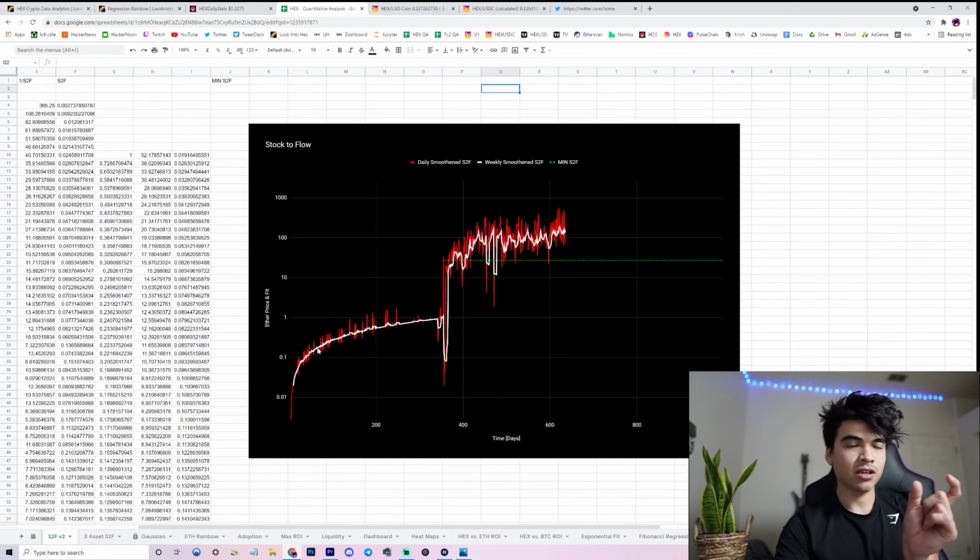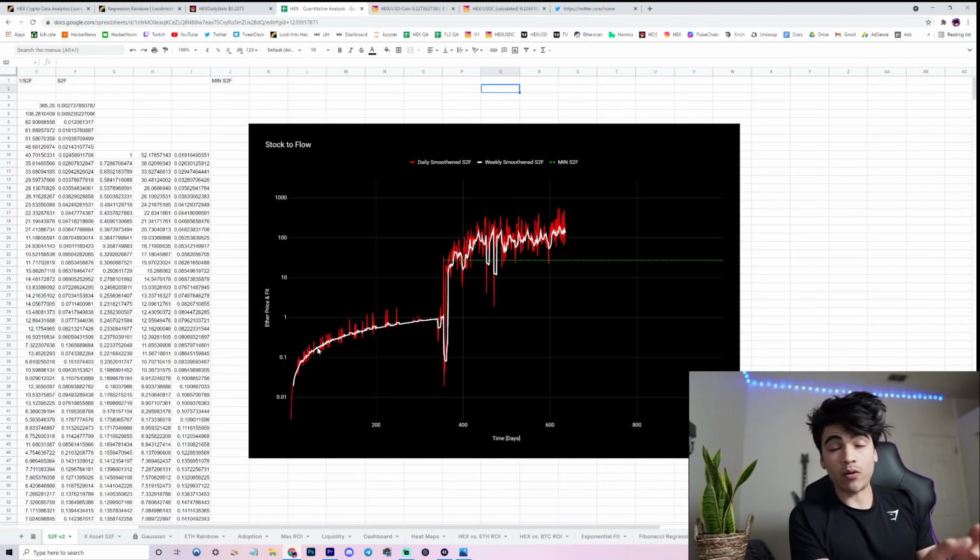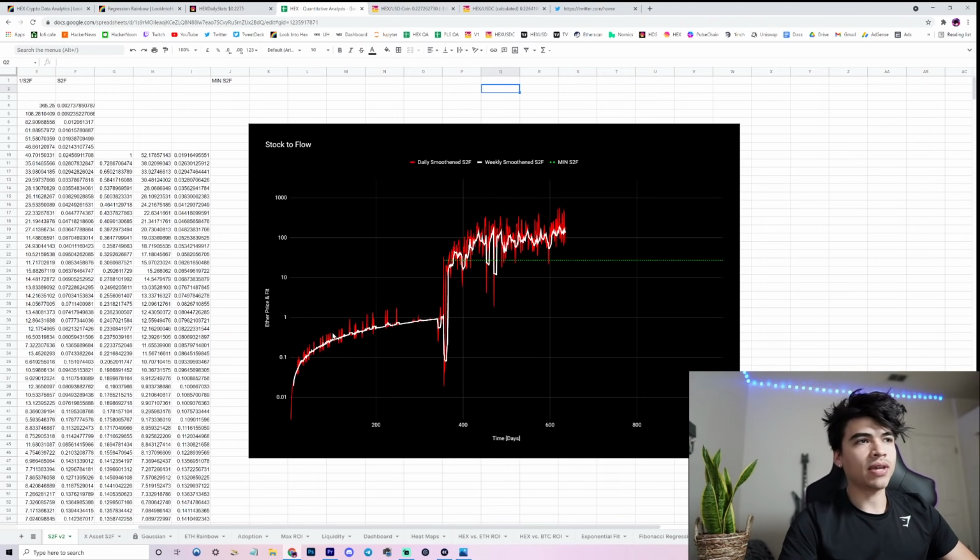So it takes a sort of daily little snapshot and projects it out as if that were the inflation for an entire year. And so when you take the inverse, 100% divided by whatever inflation that was, you get some sort of value. So you can see that annualized inflation was pretty high.